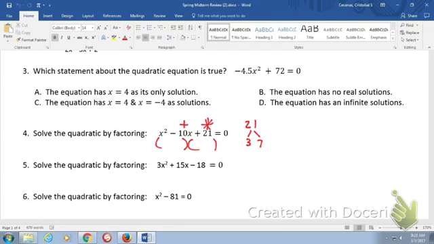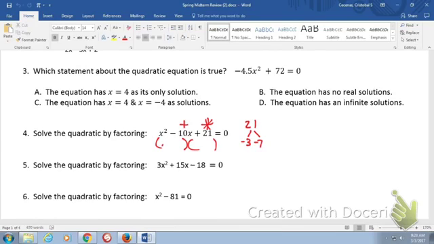Now do they add up to 10? Can we make them add up to 10? So 7 plus 3 will give me 10, but we need a negative 10, okay? So we will need them to be negative. And then when we multiply them, they give you a 21.